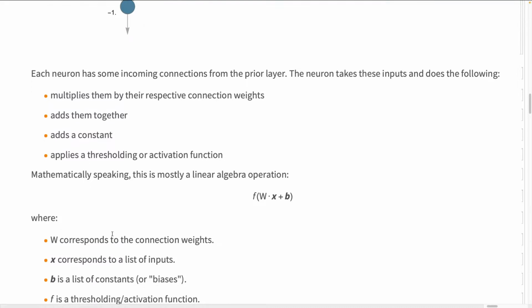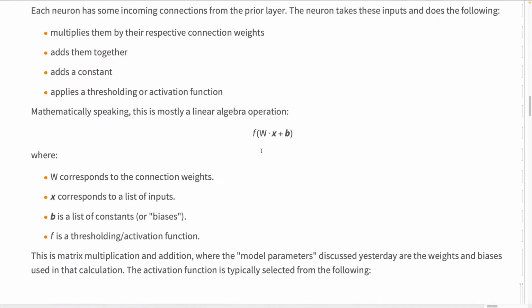Mathematically speaking, this is pretty much just a linear algebra operation. If you're familiar with linear algebra, you could think of this as a matrix multiplied by a vector plus another vector. You have a matrix of weights, which tells you how strongly each neuron is connected to each other neuron. You have your input, and then you have some constant offset bias vector. It's like your y-intercept in the simple 2D, y equals mx plus b case.